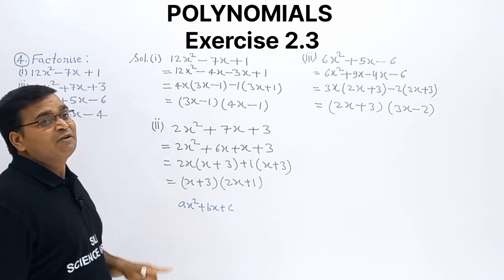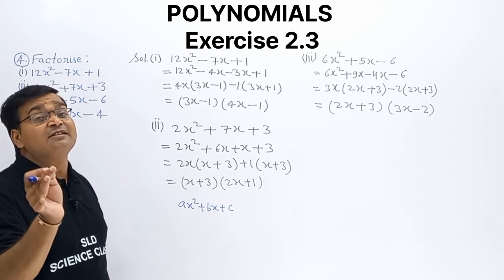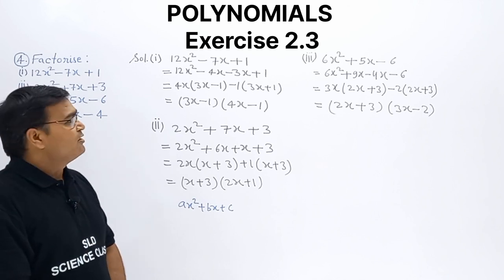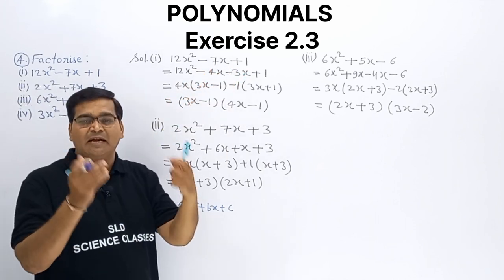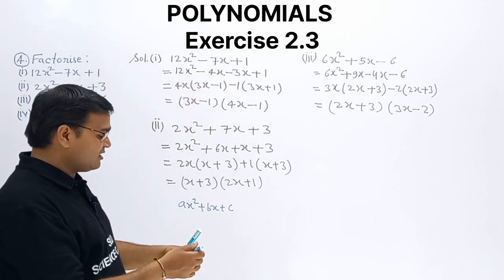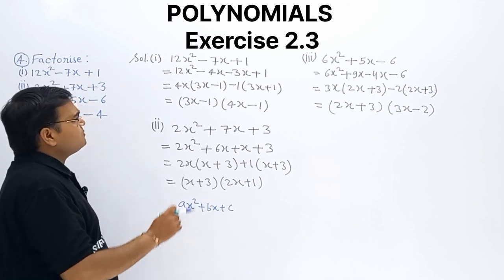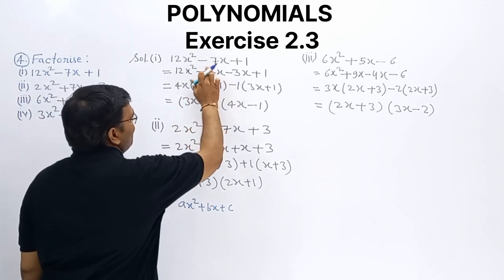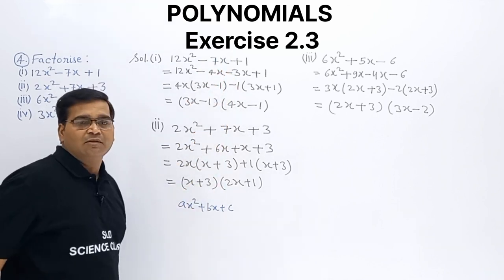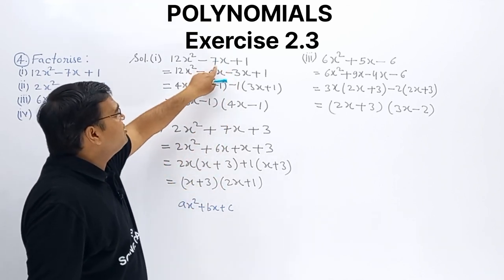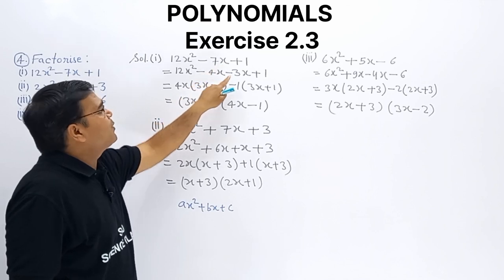All these questions are in this form, and we want to factorize. We want its factors. So what is the question? 12x square minus 7x plus 1. How will we factorize this? We will split the middle term, the x term, into 2 parts.